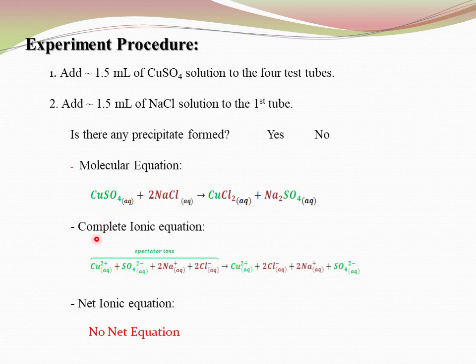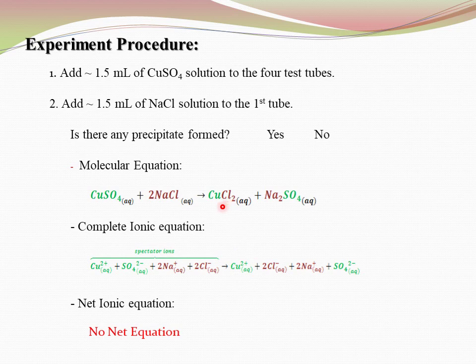Now write the complete ionic equation. Write the equation as ions. Here I have copper ion Cu2 plus and sulfate SO4 2 minus aqueous, plus sodium and chloride: 2 Na plus aqueous and 2 Cl minus aqueous.